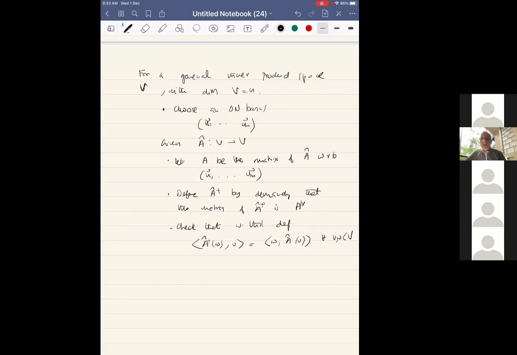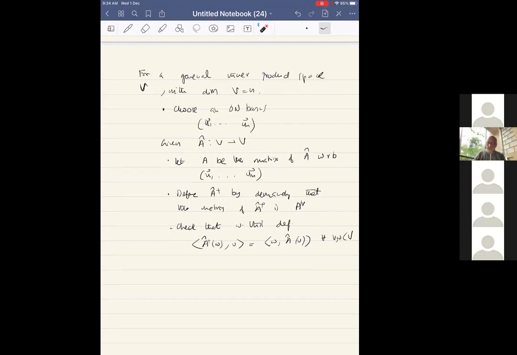Now, this I could have done with respect to any basis, but this equation, which refers to the inner product, will hold only if you choose an orthonormal basis. If you check and do the arithmetic, it will just fall out. There is no mystery; you will get the result that you want, but you have to do the checking.